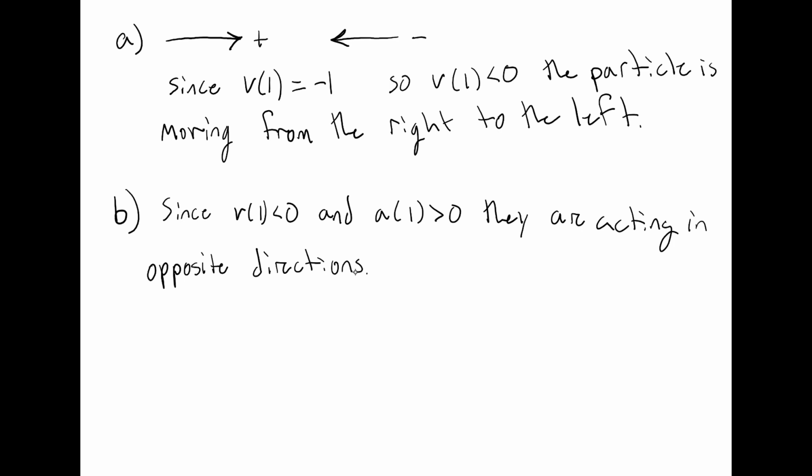So if the particle is moving from the right to the left, but the acceleration on it is moving from the left to the right, in the positive direction, those are moving against each other, so they're going to minimize each other's effects. Because they are opposite, the particle is slowing down.